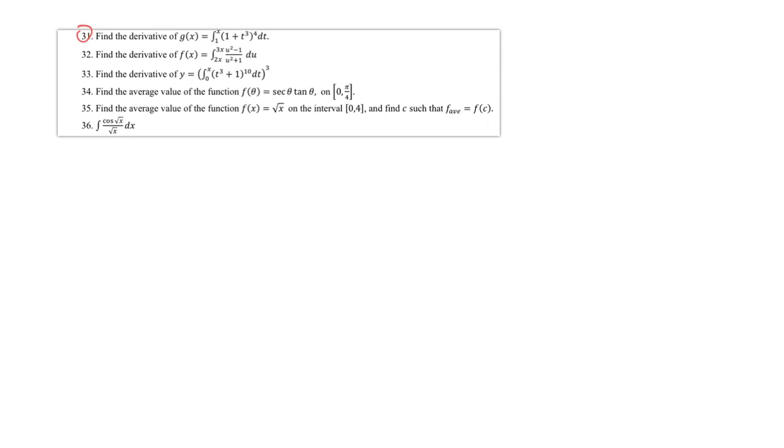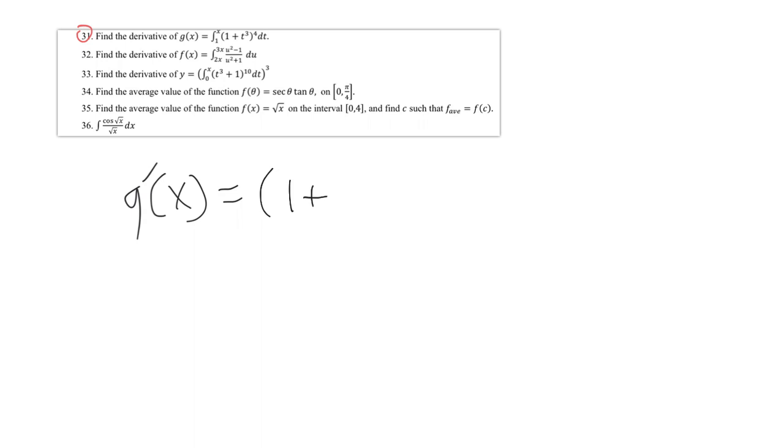So, problem number 31, find the derivative of this whole thing. Okay, so it turns out these are not that bad. So, g prime of x is going to equal, if you have just an x on top, all you have to do is substitute x in for the variable. In this case, it's t.